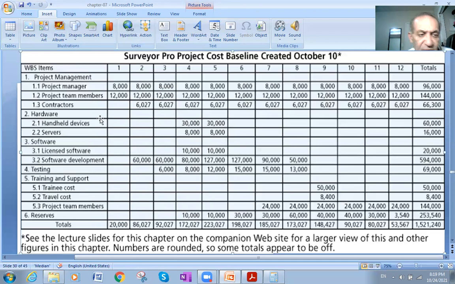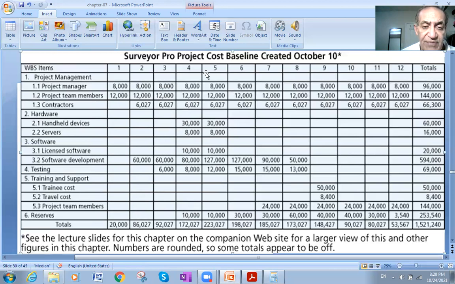But this is based on the phases of the project, because it doesn't mean that all the 12 phases these costs will be there. Because when we divide the project into phases, we put costs for each phase. It makes it easy for us to make an estimation about the whole costs of the project. So we have here, as an example, the handheld devices.